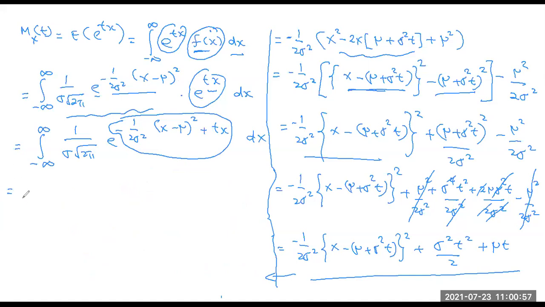So this is equal to the integral from negative infinity to infinity of 1 divided by sigma times the square root of 2 pi, times exponent of negative 1 over 2 sigma squared, (x minus mu plus sigma squared t) all squared, times the exponent of sigma squared t squared over 2 plus mu t.